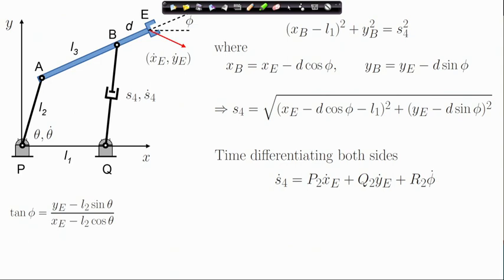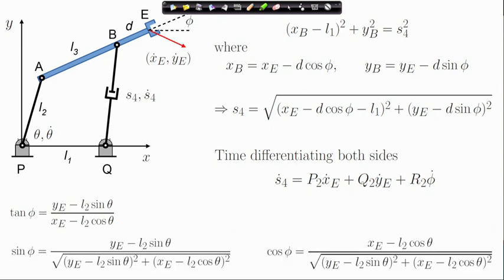Now, once I have tan phi, I can also find out cosine phi and sin phi. So, sin phi is this expression. So, how do I find this?